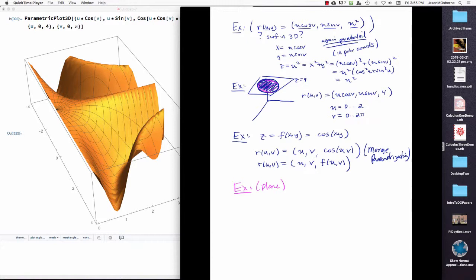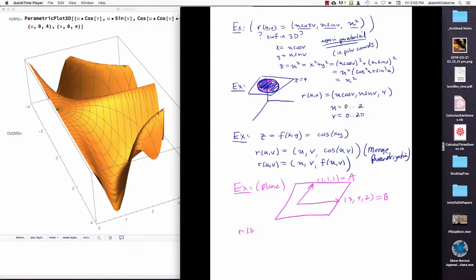Let's say you have a plane that you want to contain the vectors 1, 1, 1 and 3, 4, 2. What if you want a plane that contains these two vectors? I should not call them u and v. We've already got those, so let's call them vectors a and b. And you want to come up with the equation of this plane.